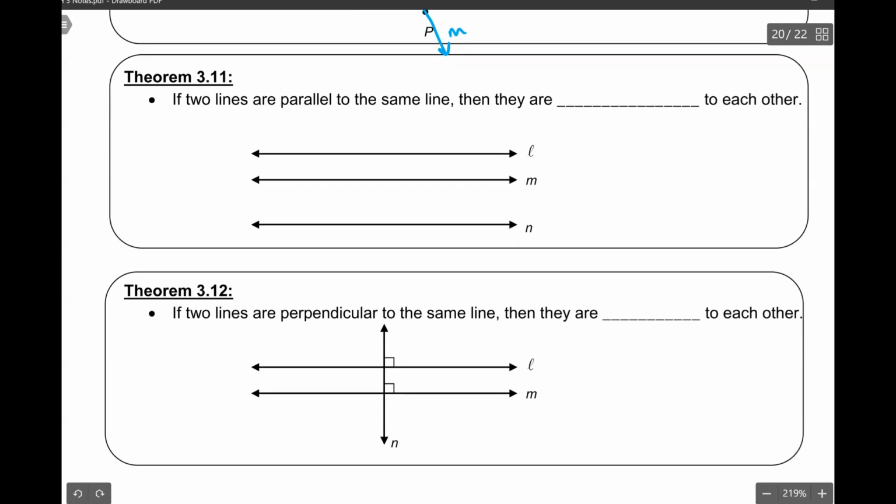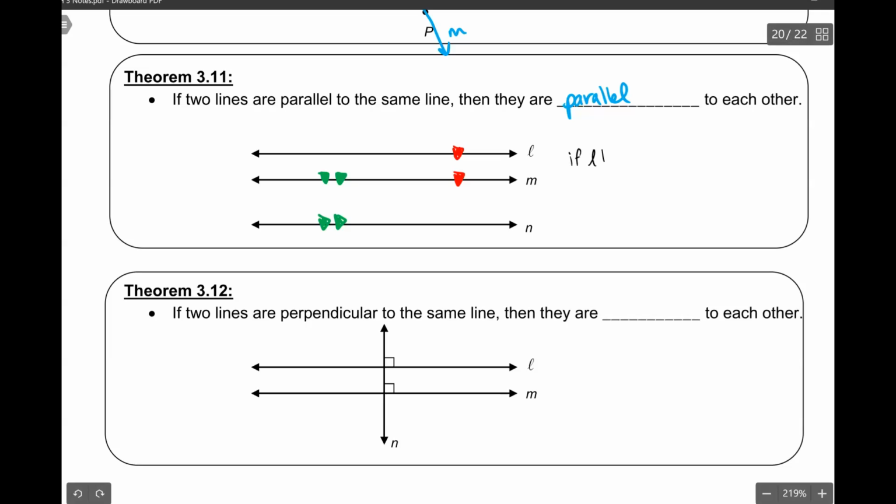All right, theorem 3.11. If two lines are parallel to the same line, then they are parallel to each other. So let's say L is parallel to M, and M is parallel to N. So let me write that out.